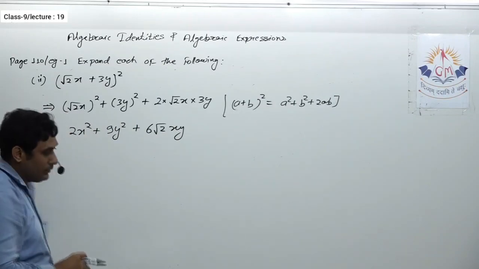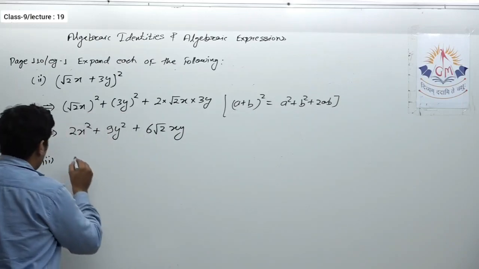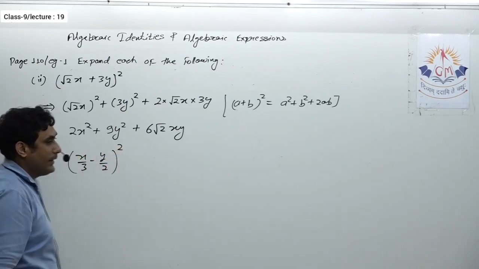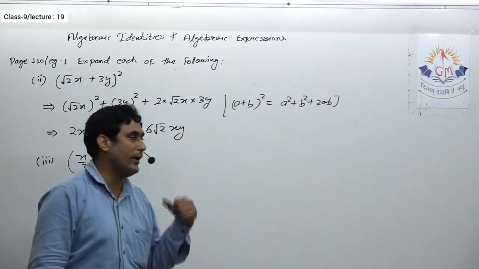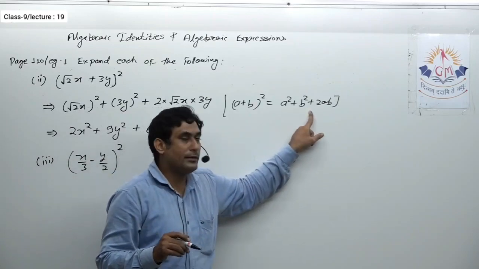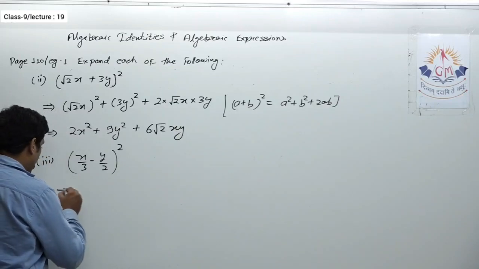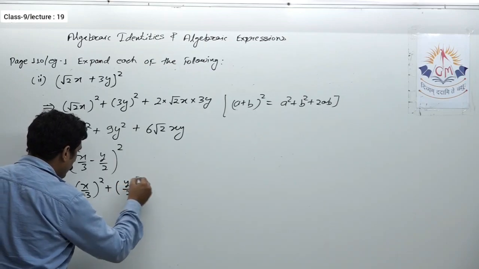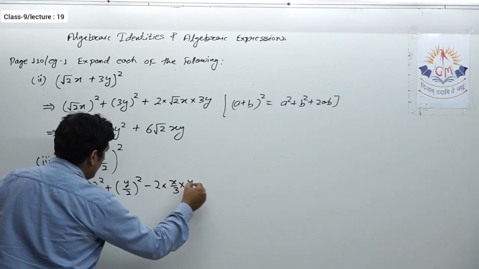Now similarly we'll solve the third one: x upon 3 minus y upon 2 whole square. Here again you have to apply the identity of a minus b whole square. In the first it was a plus b whole square, over here it is a minus b whole square. The only difference between these two identities is that instead of plus 2ab, here I write minus 2ab. So again a square, that is x by 3 whole square, plus b square, that is y by 2 whole square, minus 2ab, 2 into a into b.